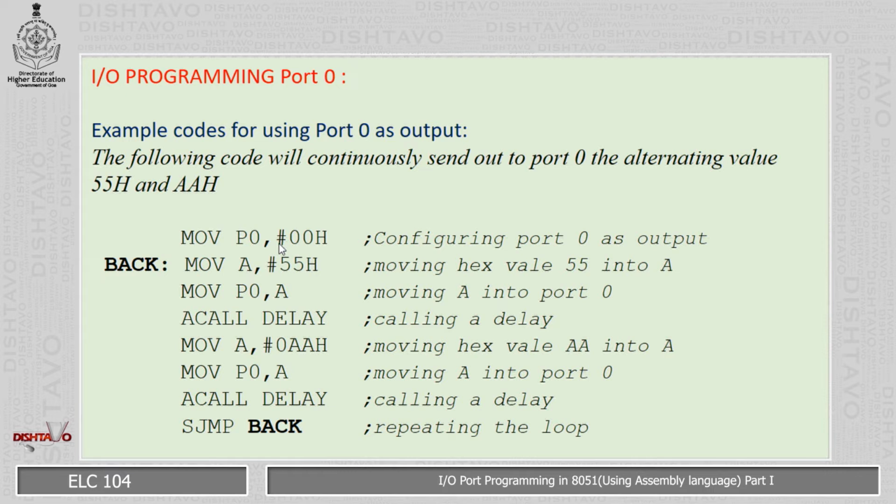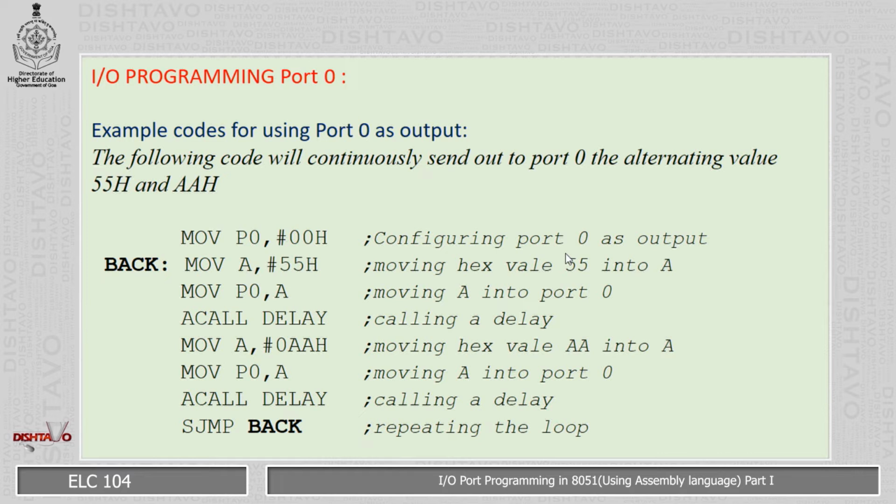If I don't put the hash, it indicates an address, so port 0 would be storing the address rather than the data. This type of addressing mode is called direct addressing mode, because we are directly transferring the data into the port.